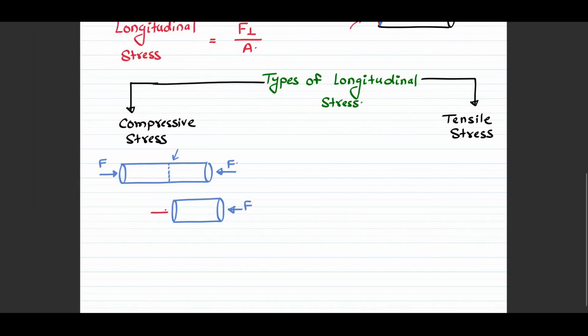Let me denote it by red. So stress on this cross section will be, and since force and area are perpendicular, this is longitudinal stress, but this is trying to compress the body.